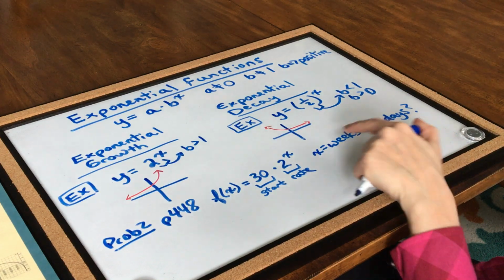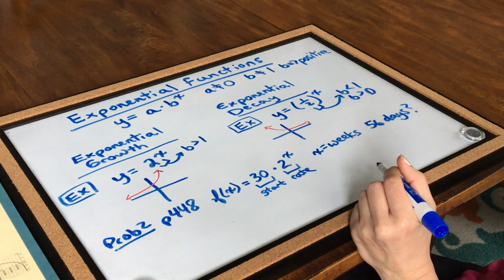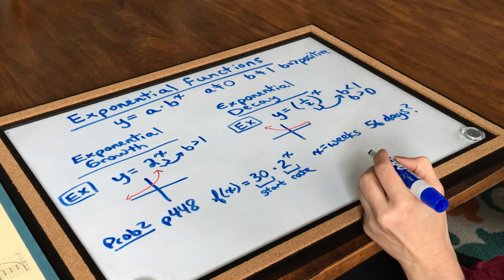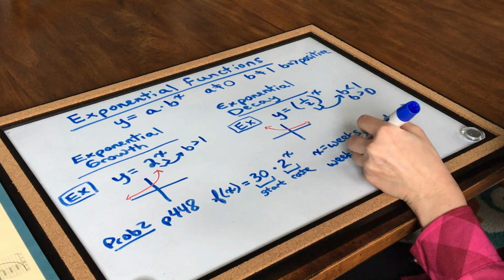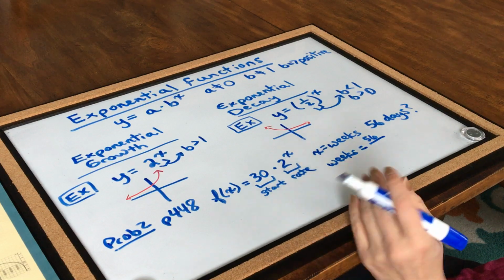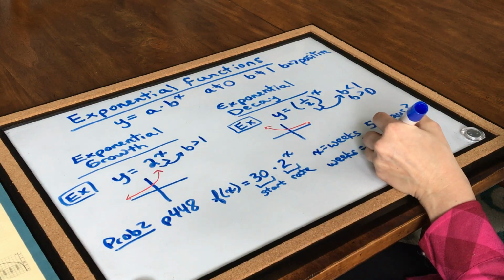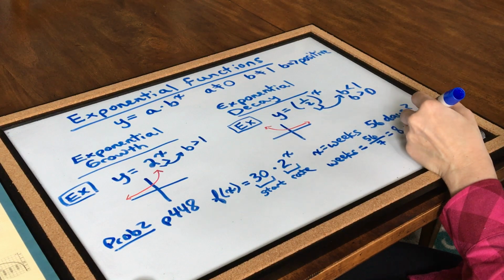But I don't know the number of weeks, I know the number of days. So the first thing I have to find is the number of weeks. My number of weeks is going to equal 56 days divided by the number of days in a week, which is 7. So 56 divided by 7 is 8 weeks.